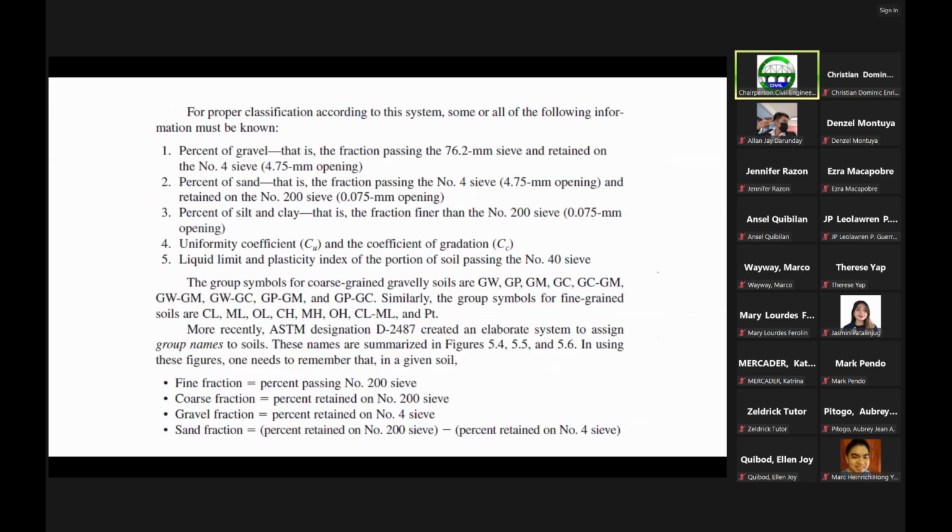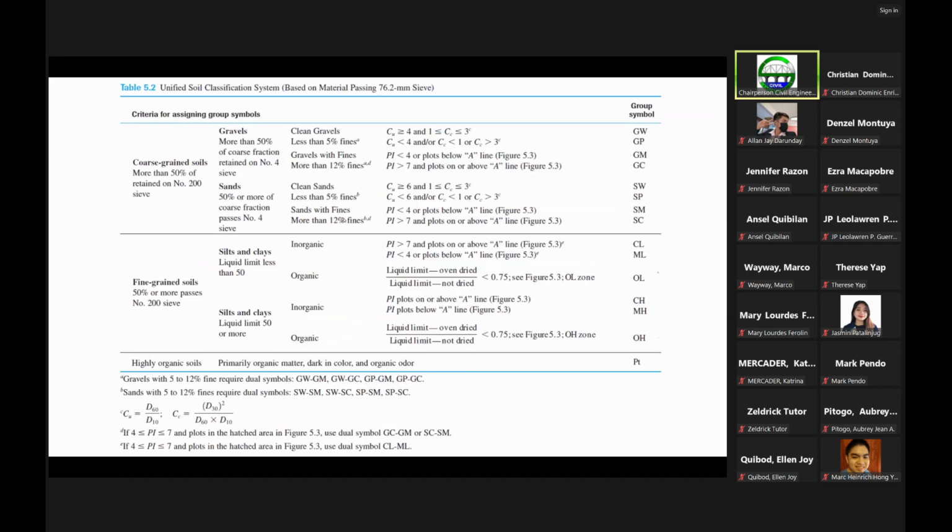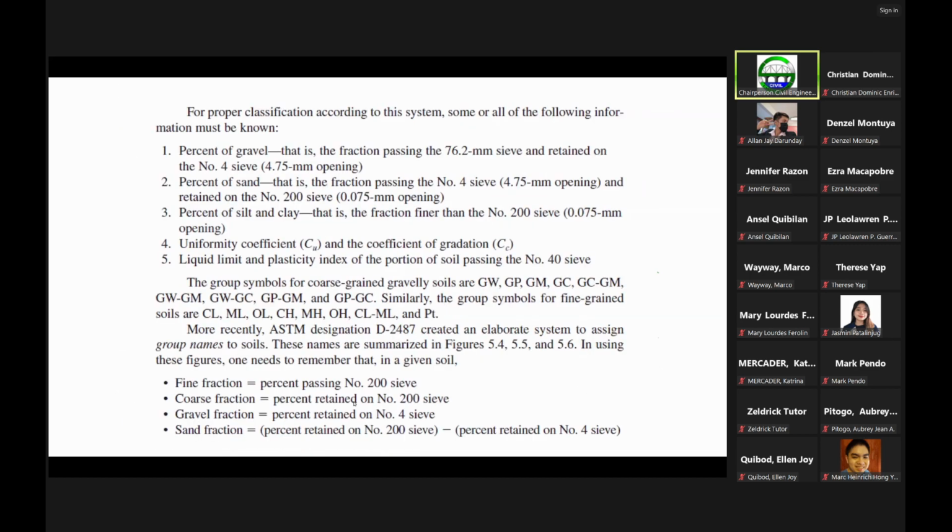Now, in using these three figures, one needs to remember that in a given soil, the fine fraction is defined as the percent passing the number 200 sieve, while the coarse fraction is the percent retained on the number 200 sieve, that includes number 4 and number 40.